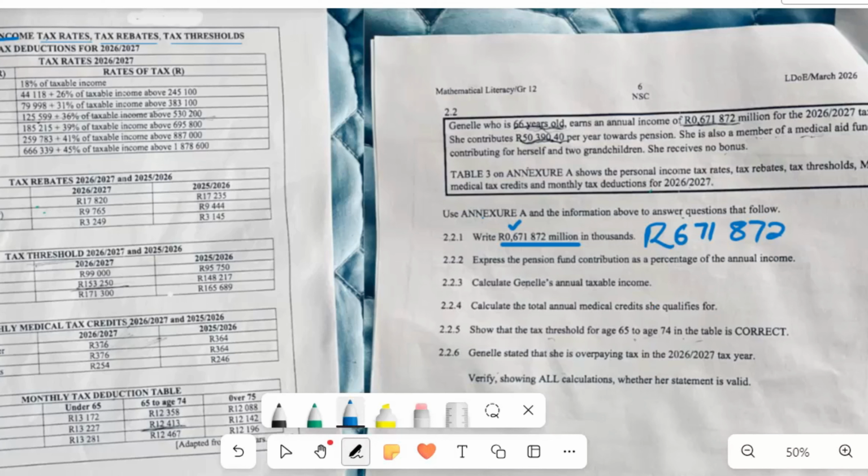Express the pension fund contribution as a percentage of the annual income. How do we achieve that? We need to understand what we need to do in order to calculate this.